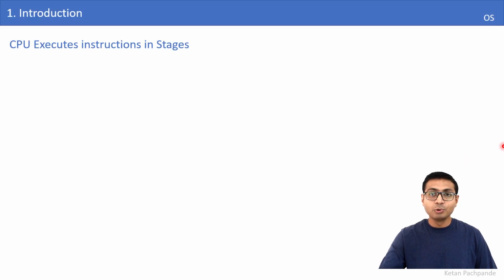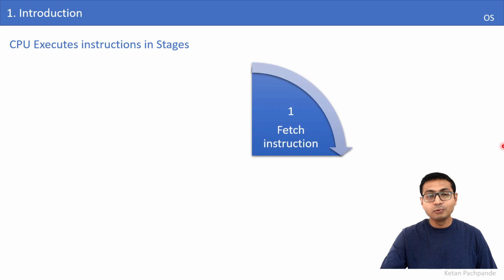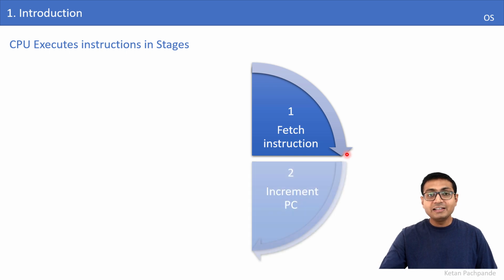CPU executes any instruction in 4 stages. So let me explain the 4 stages. You will learn all these 4 stages in detail in the subject Computer Organization and Architecture. I am just giving you the overview here. So first the CPU fetches the instruction from memory into the instruction register. The next thing it does is it increments the program counter to the next instruction.